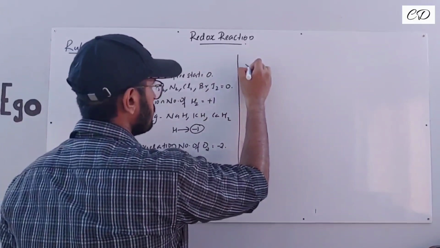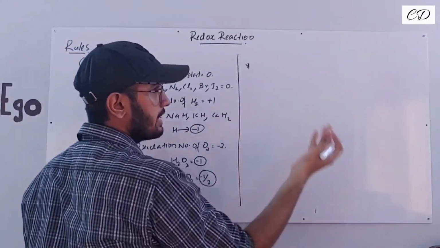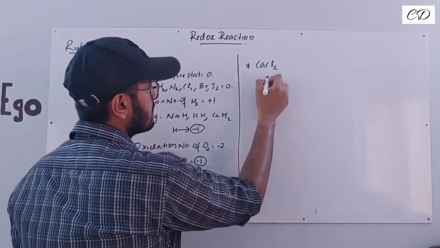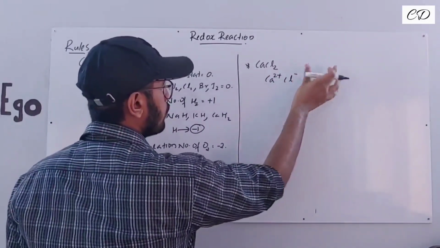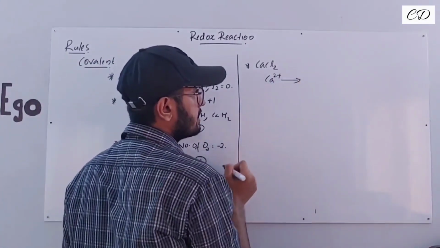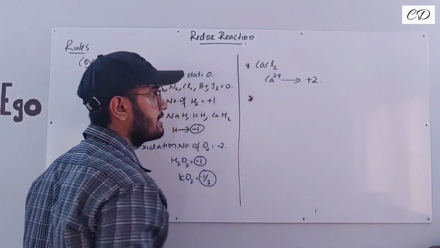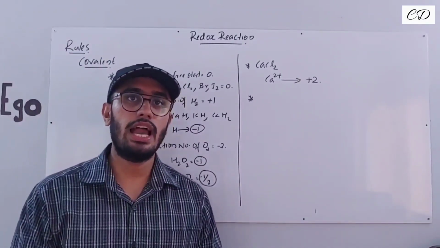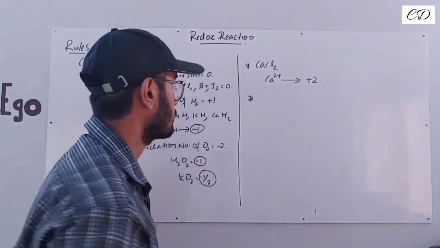Next, as we discussed for ionic compounds, if you split a compound into its anions and cations, for example calcium chloride into Ca2+ and Cl-, or take the cation only, Ca2+, what is the oxidation state of Ca? That is +2. The charge of the anion or cation will be the oxidation state.